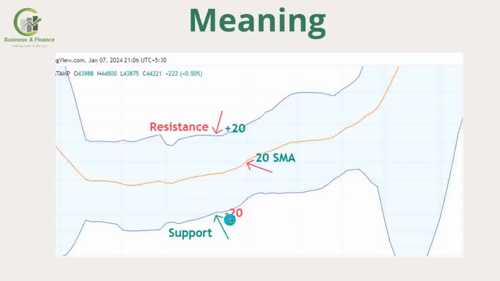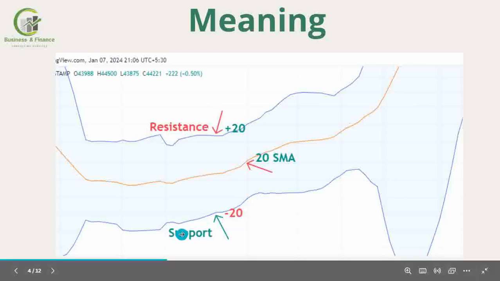And below, on the negative side, we call it the lower Bollinger Band, which is a deviation of minus 2 from the 20 SMA, which will act as a support in the market.